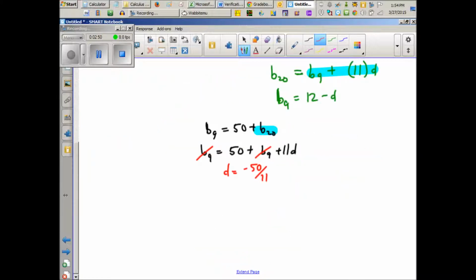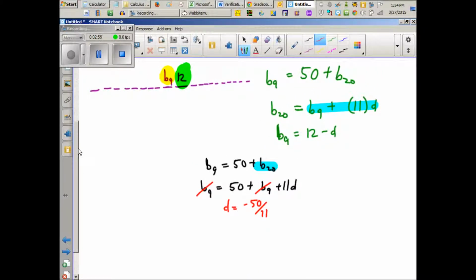Now that we have D, that's a huge boost. We can go ahead and find B9. B9, we said, was basically 12 minus D, from this equation up here in pink.